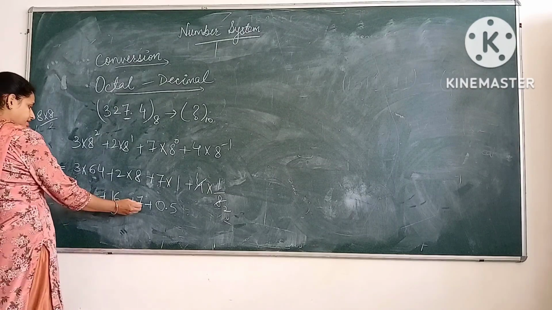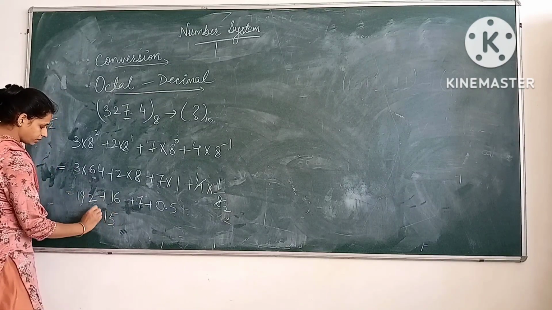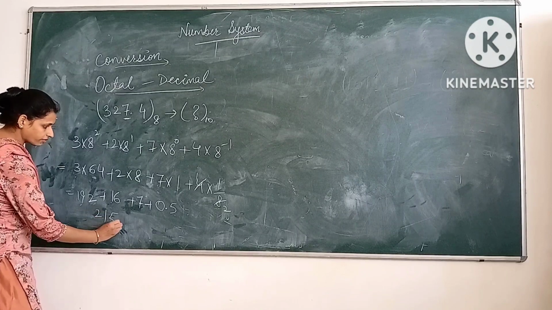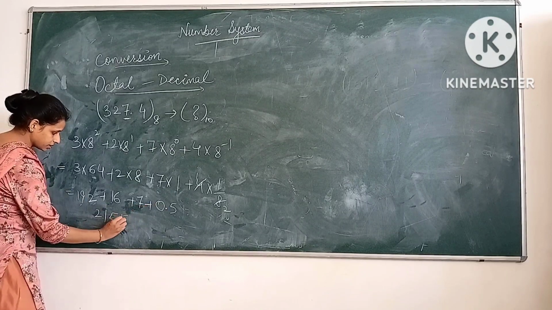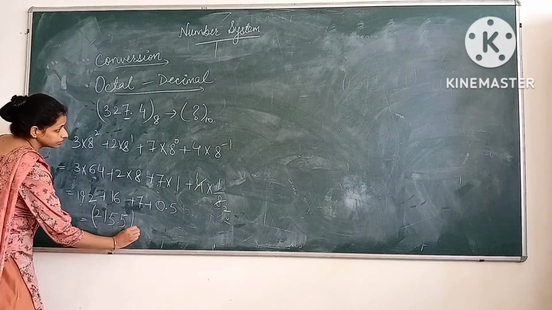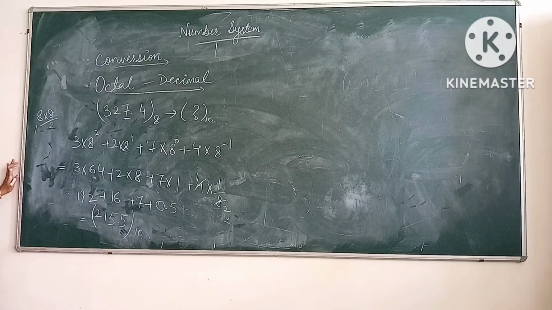2 1 6, 8 and 7, 15. 1 8 10, 1 11. 1 carry. 215.5. This is the decimal number system.